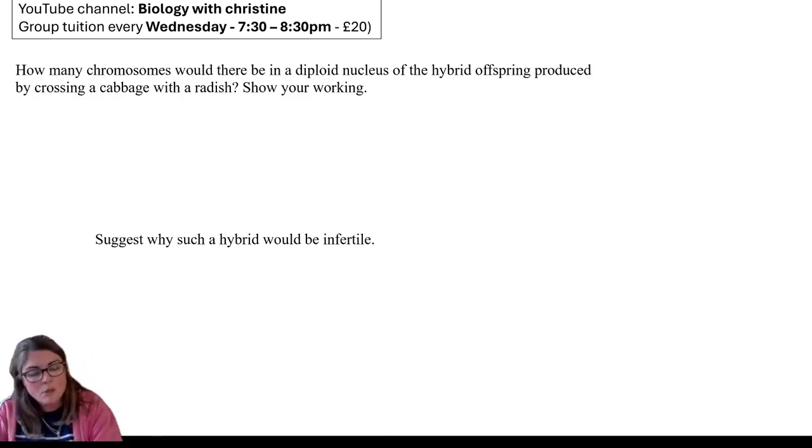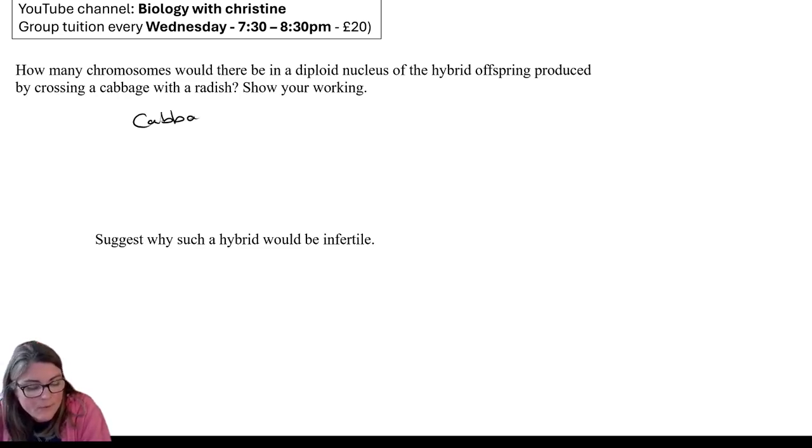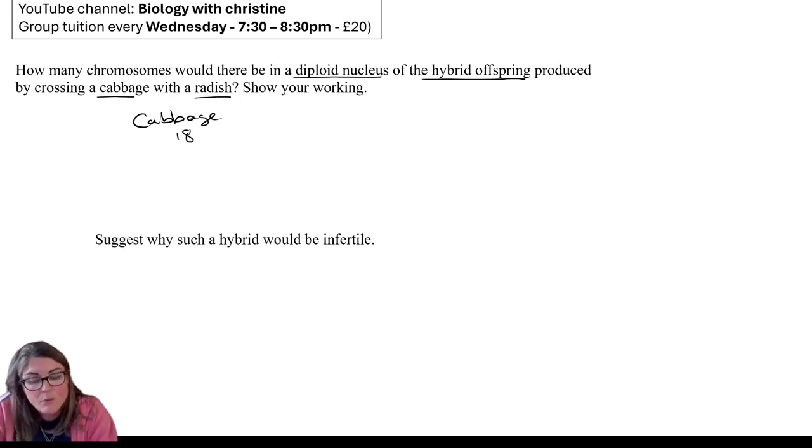So you were told in the last question that you had your cabbage and your cabbage had 18 chromosomes in it. You were told about the diploid nucleus of a hybrid offspring produced by crossing a cabbage with a radish. Now, if they're going to give you information, they will tell you that, for example, the radish also has 18 chromosomes.